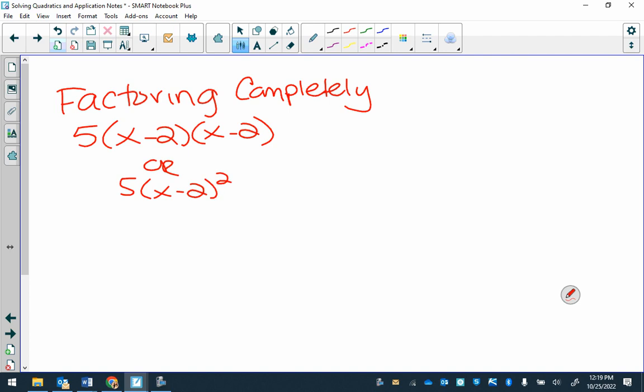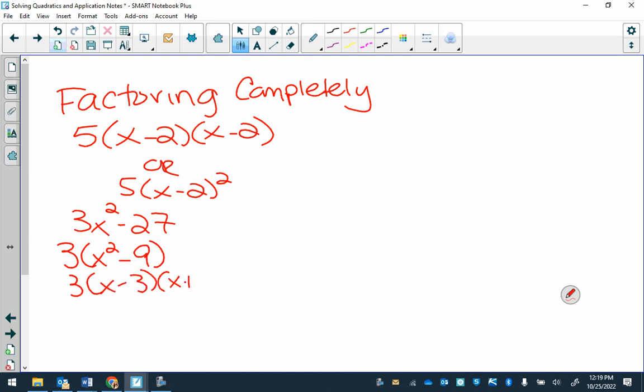Factoring completely would also mean, for example, factoring out a 3, x squared minus 9. That's all factoring completely. Now, if this was solving, if we just took this one step further, I would take each piece with an x to set equal to 0. Because 5 does not equal 0, I could just drop it.